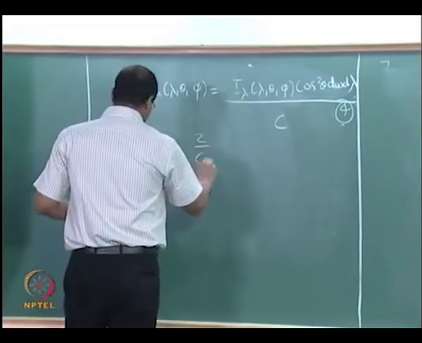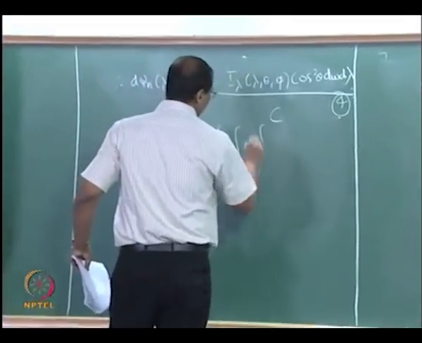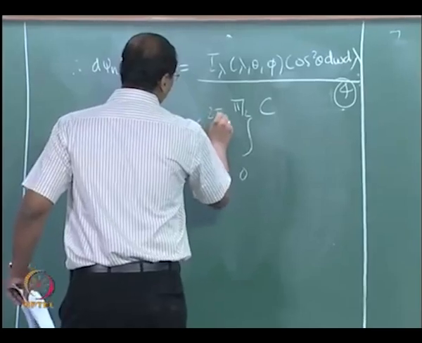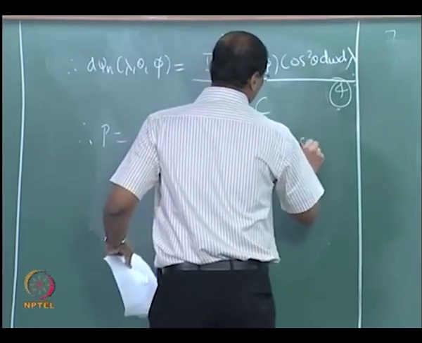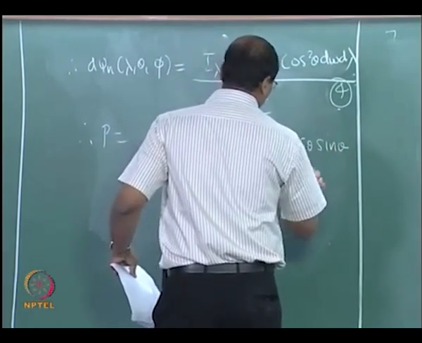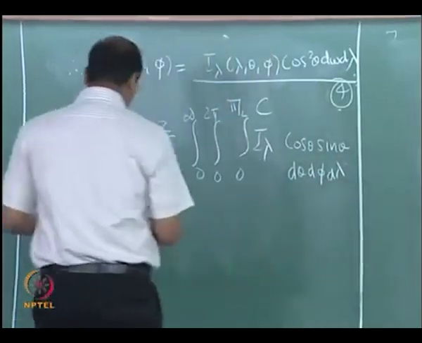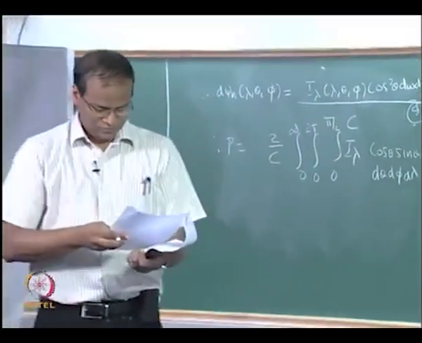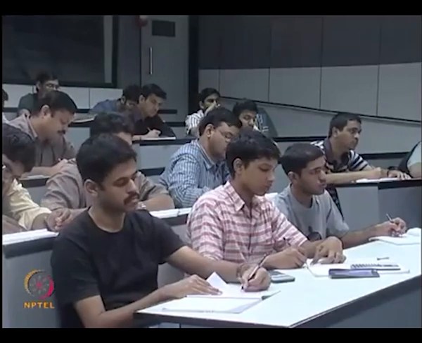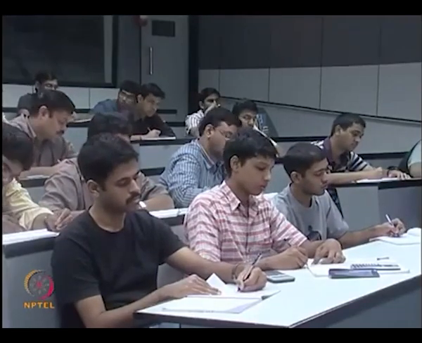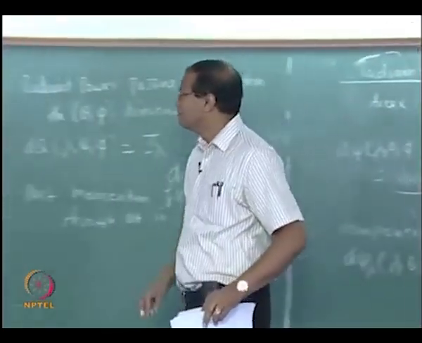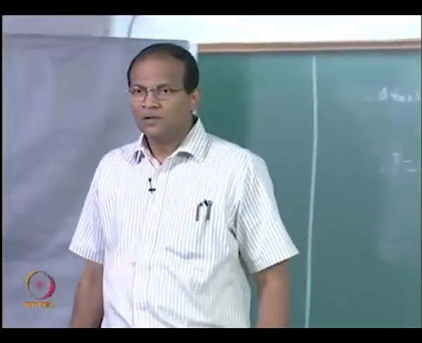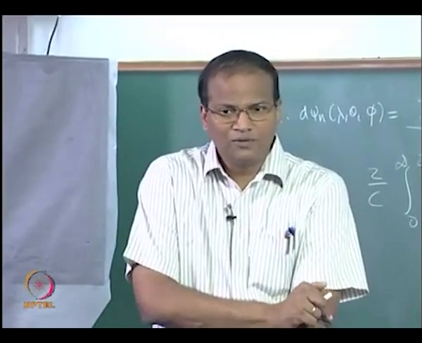is given by 2 by C. What happened to the dA? dA got cancelled because I divided radiant power by C into dA.